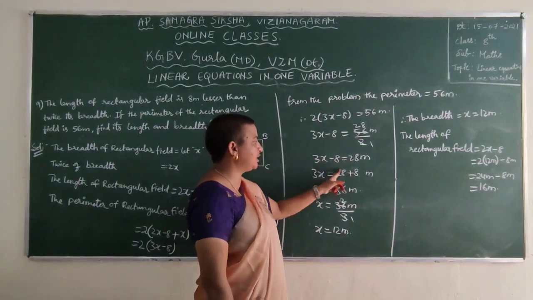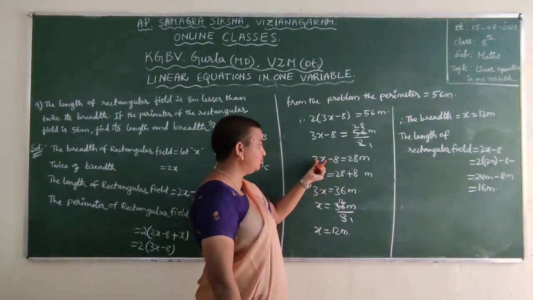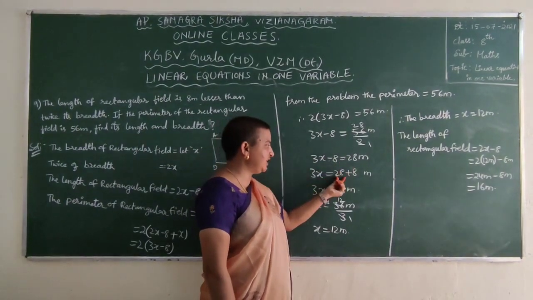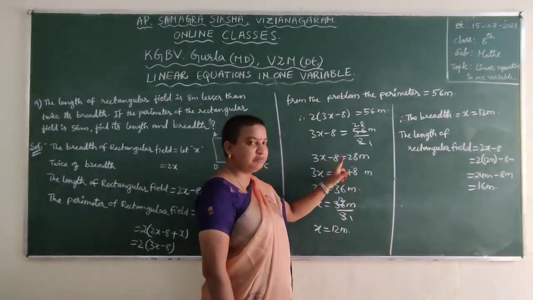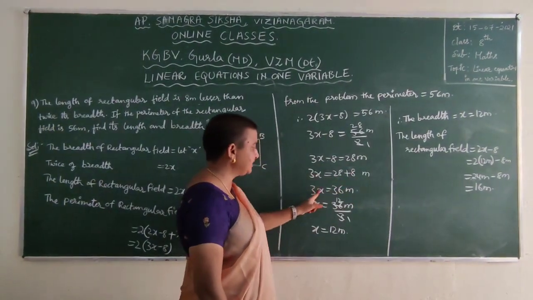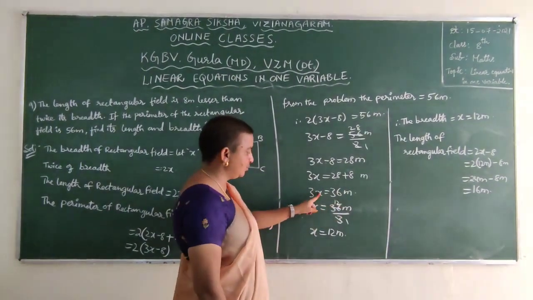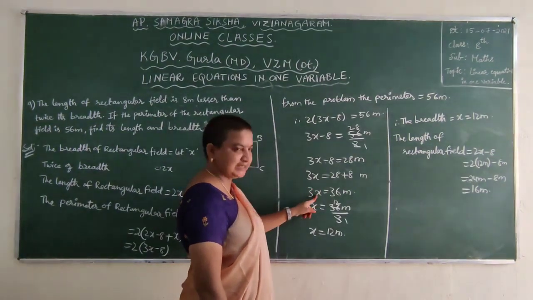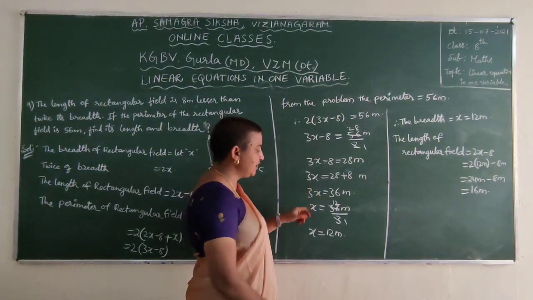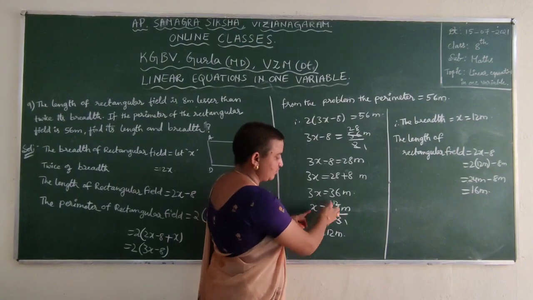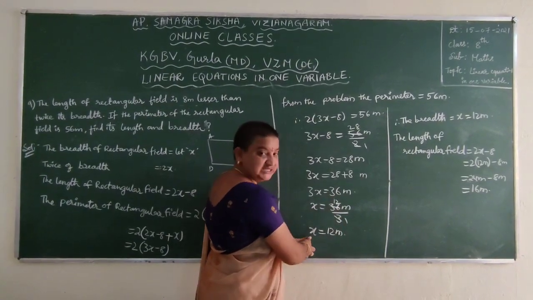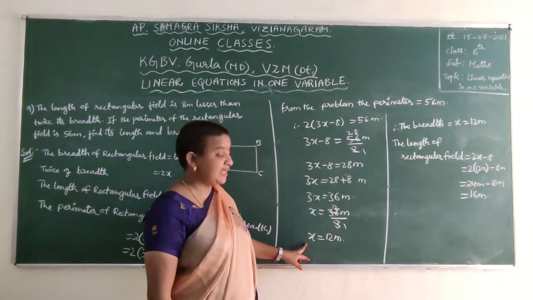You have to transpose minus 8. So 3x is equal to 28 plus 8 meters. 3x equals 36 meters. So here 3 multiplies x. If we transpose 3, it will divide. So x is equal to 36 by 3. That means x equals 12 meters. X means what?